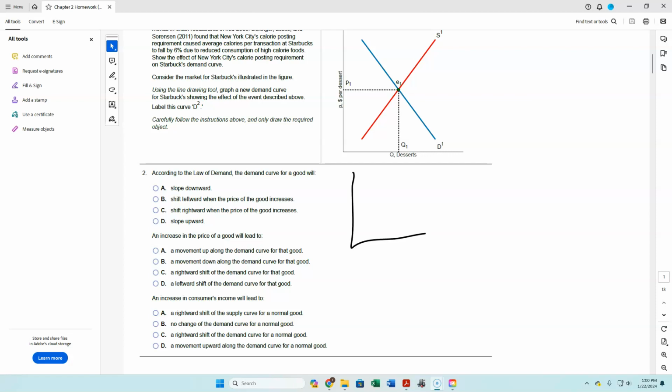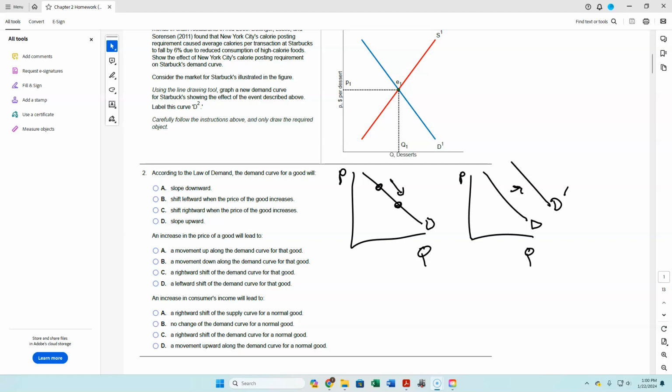When we learned about supply and demand, and we talked about what causes this versus what causes this, the idea here was that the demand function is a function of a bunch of different variables, one of them being the price of the good itself. When it's only the price of the good itself changing, that's our movement along the curve, which in essence is our definition of the law of demand.